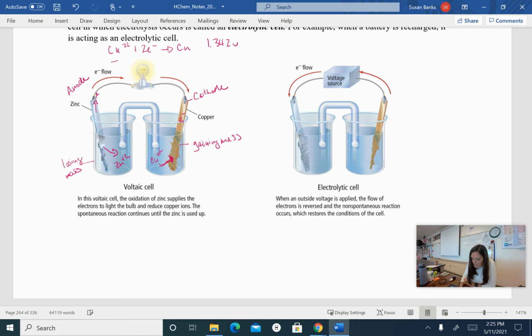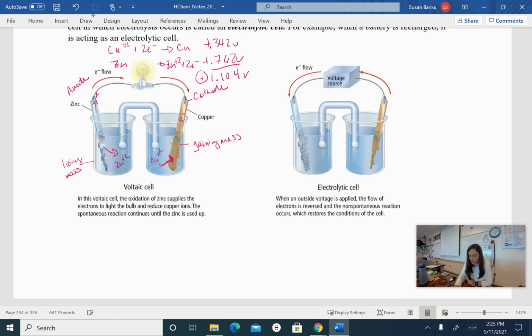And if I look at zinc going to zinc plus 2 electrons, that gives me plus 0.762 volts. So when I add that all up together, I get about 1.1 volts. And because that voltage is positive, I know it's spontaneous.